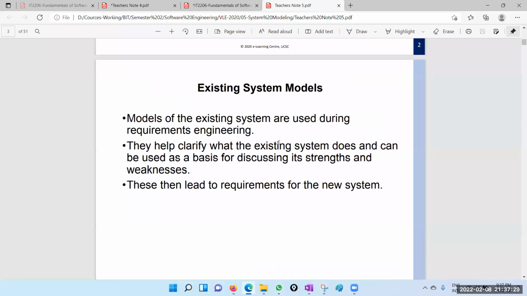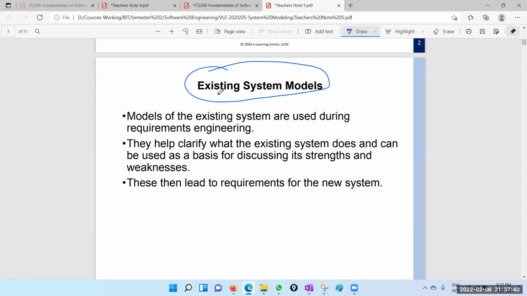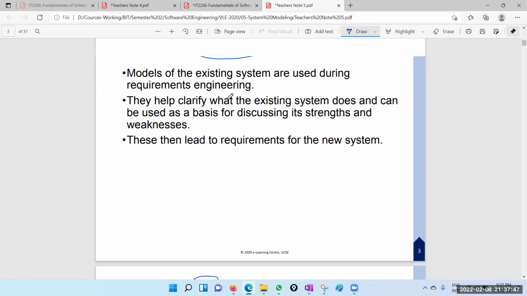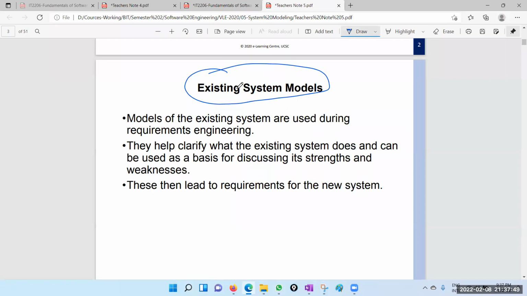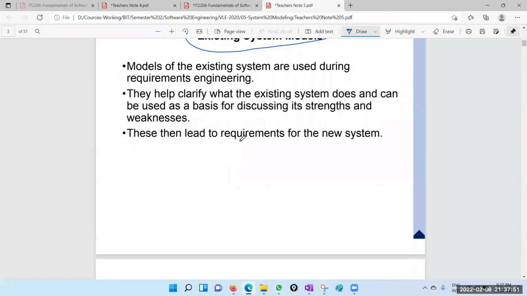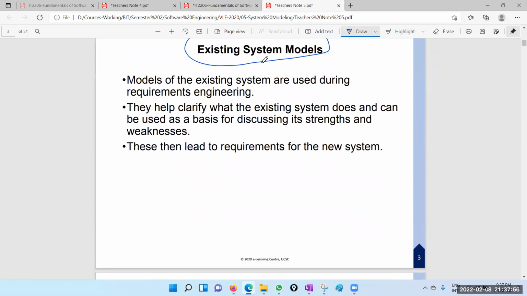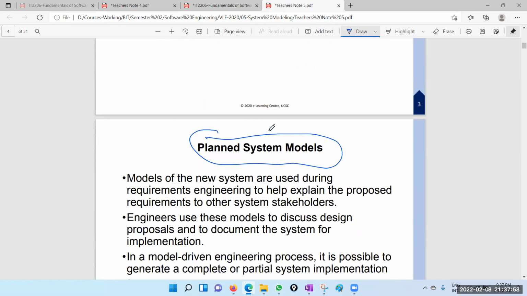When you're modeling, you can model how the existing system works. That is more analysis. And how the planned system works. That is the architecture, that is designing. We analyze how things are happening, then we model. Here we model the solution, the planned system.